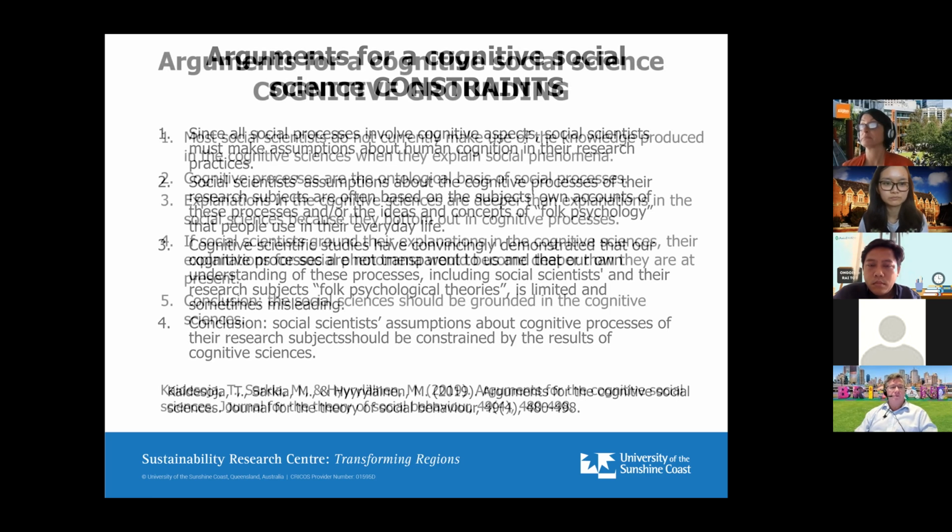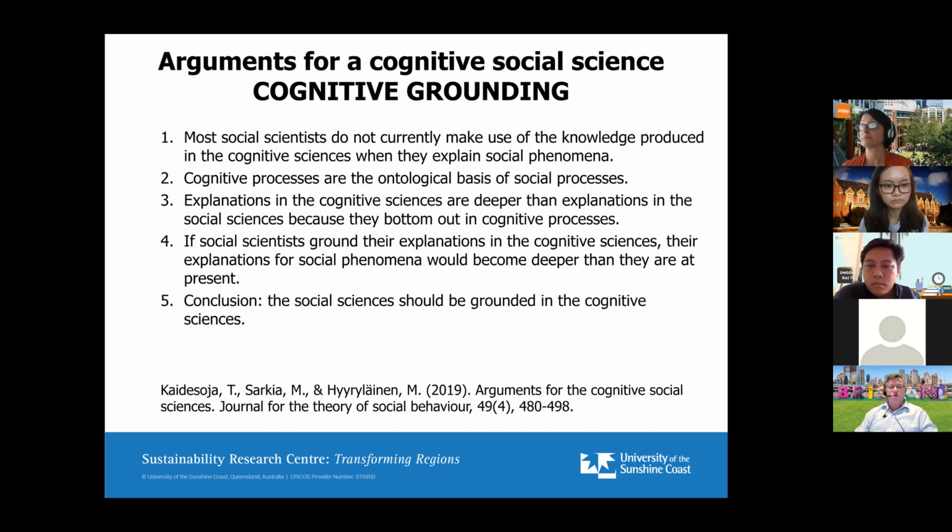The other argument is that most social scientists don't make use of knowledge produced in the cognitive sciences when they explain social phenomena, but cognitive processes support and explain, or at least are the original thing which our social sciences then try to explain. So unless you can understand things from the bottom up, you're not using the right ideas.